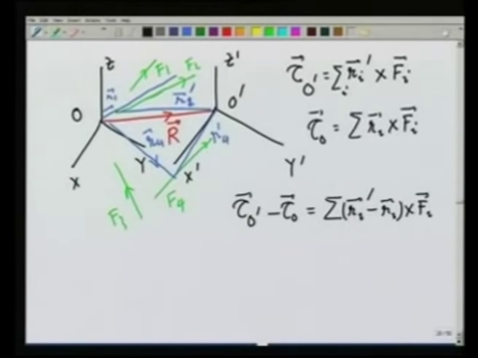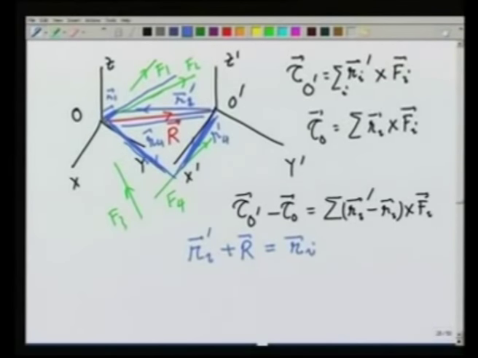And from the figure it is clear that this is R4 prime, this is R and this is R. So, R_i prime plus R is equal to R_i; like R4 is equal to R plus R4 prime. Similarly, R1 is equal to R plus R1 prime.